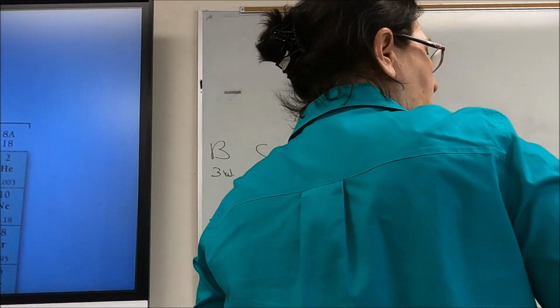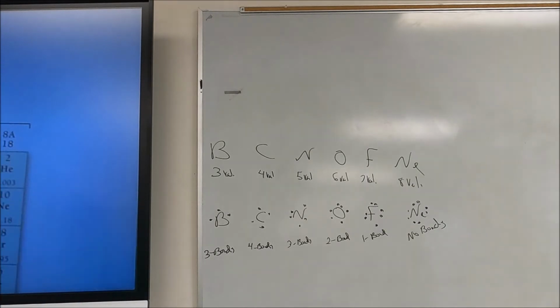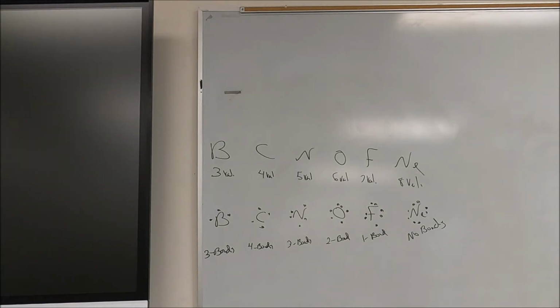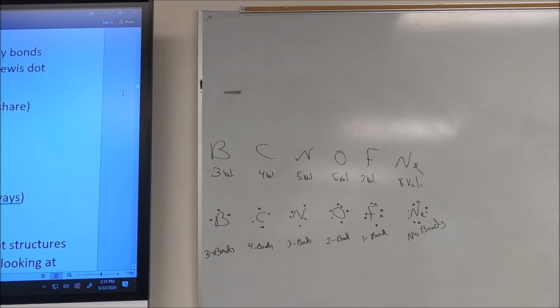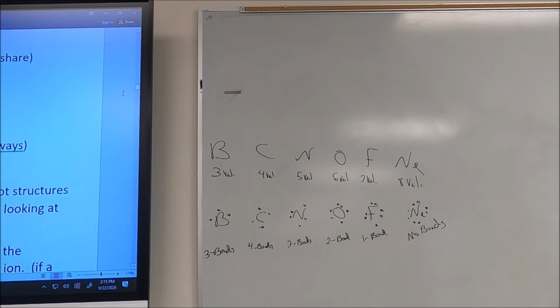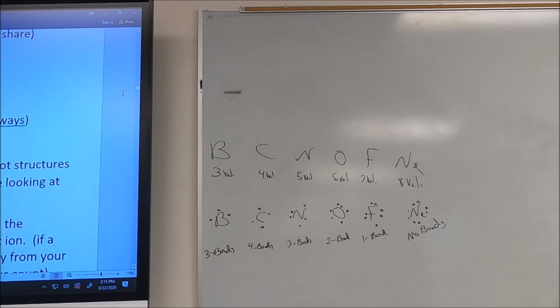So let's go ahead. I've written it all out in the notes for you. Also, I want to point out hydrogen. Hydrogen only can make 1 bond because hydrogen's outermost shell is the 1s subshell, and it can only hold 2 electrons.